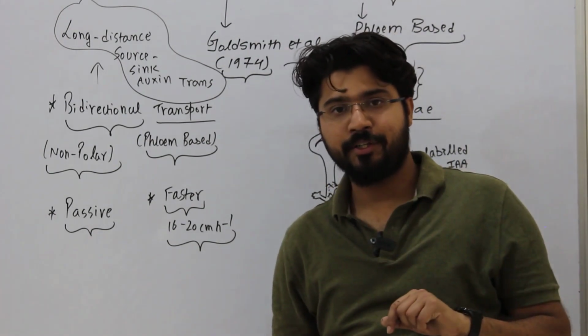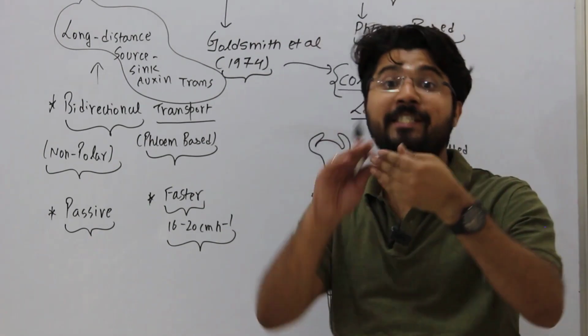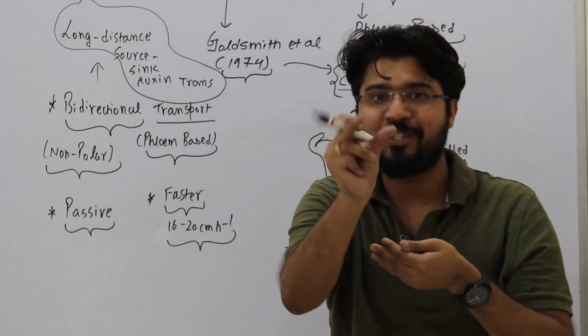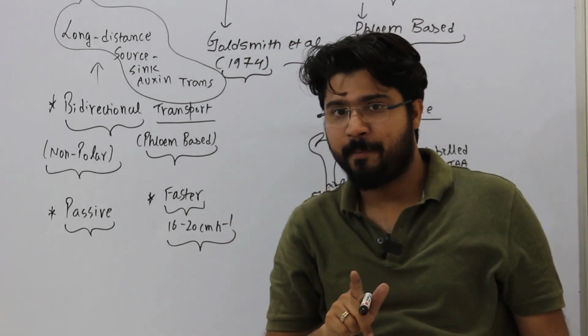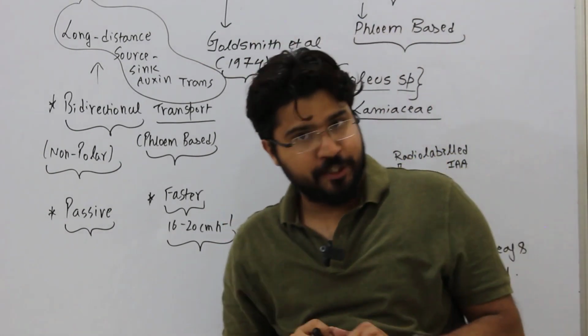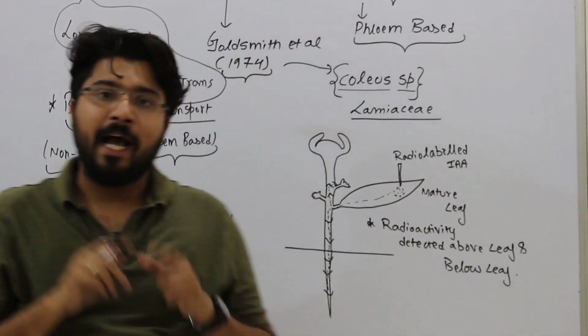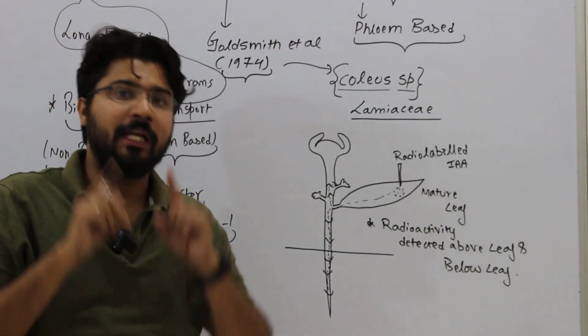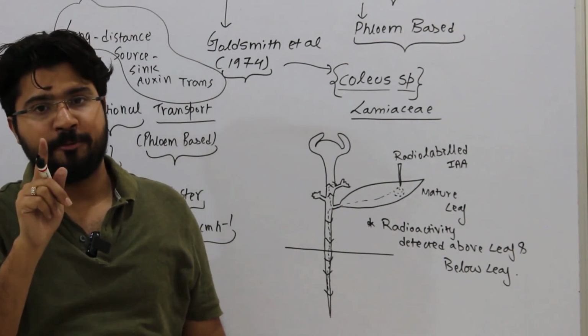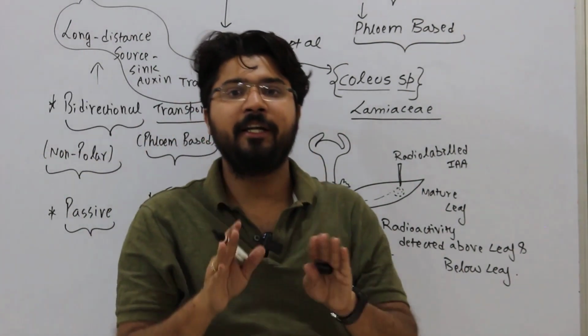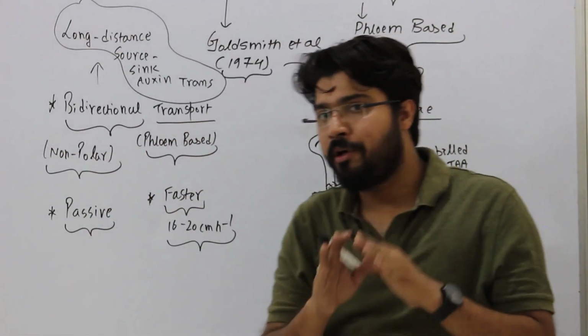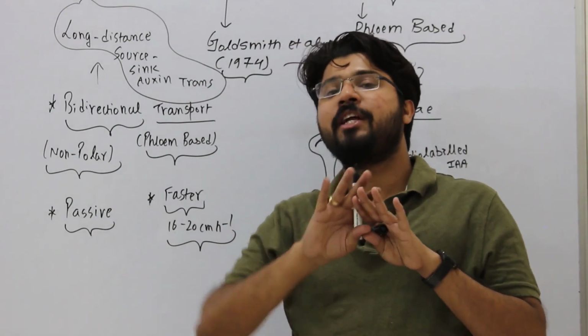It is non-polar in nature. The short distance transport that you have read, cell to cell, one cell to the next cell, is a short transport, and that was polar in nature. Now in the upcoming lecture, when we move forward, I will be discussing the concept or mechanism of polar transport, because in nature we have clearly said that auxin transport is polar in nature, and non-polar is just a rare form.